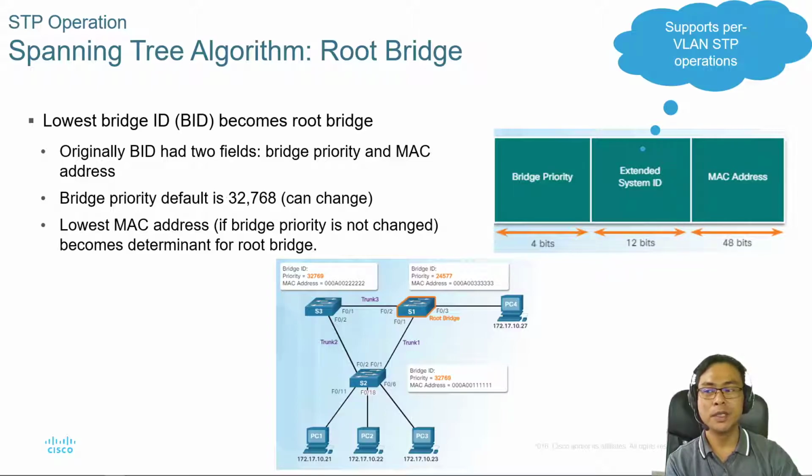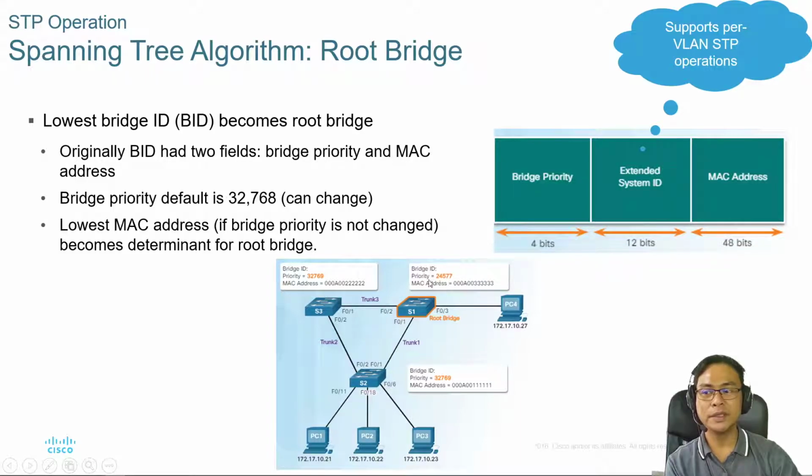So after comparing, dun pa lang niya malalaman. After comparing, then after receiving BPDU updates from S1, S2 will be informed that S1 has lower priority and that S1 is the root bridge. Ganun din ngayon si S3. It will receive BPDU updates from S1.